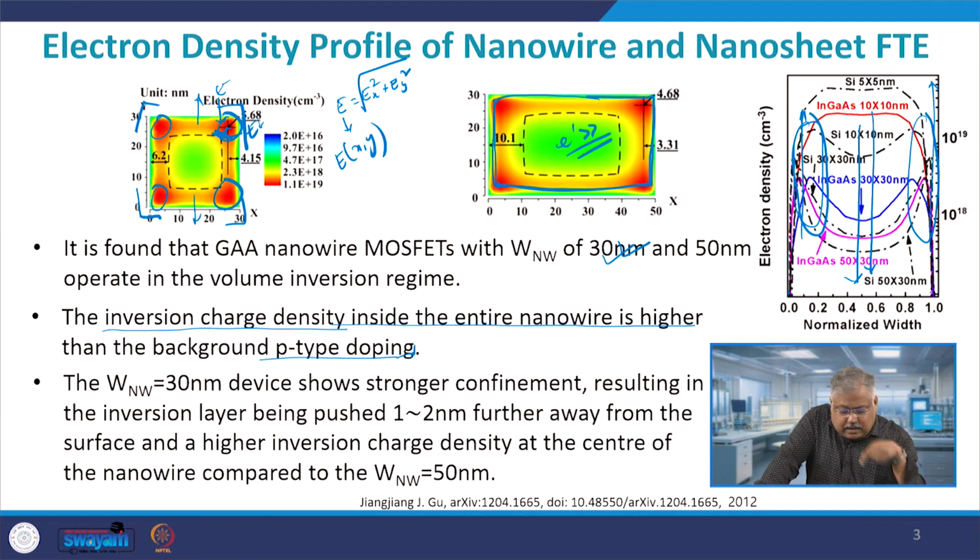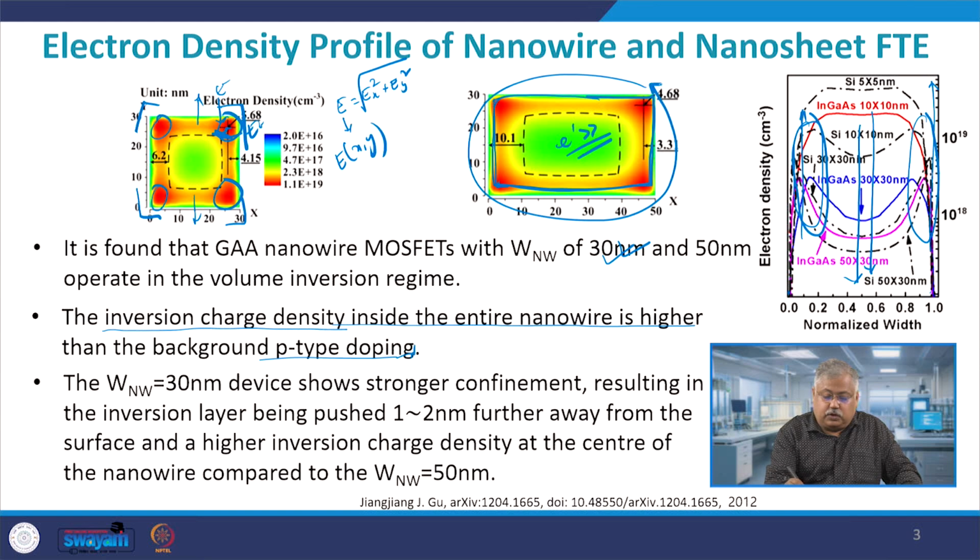Now the last point: if you lower the width, effective width is basically the total dimension from here to here. If the total width of the device is around 30 nanometer, we see a stronger confinement, and interestingly what happens is that the charge carriers are pushed into the volume, right?